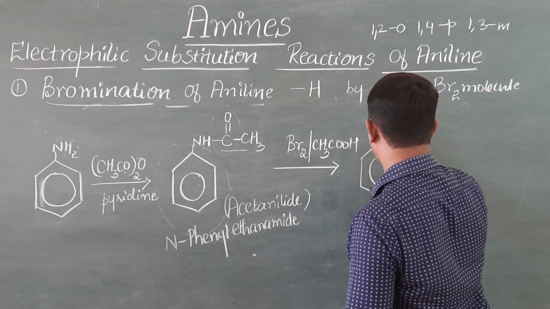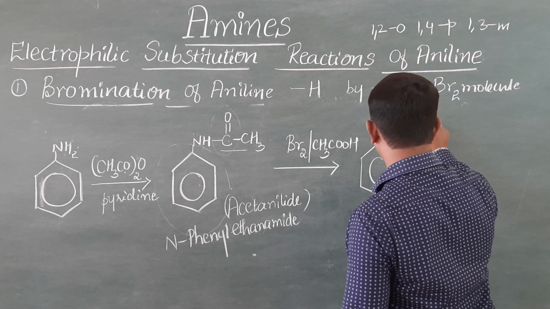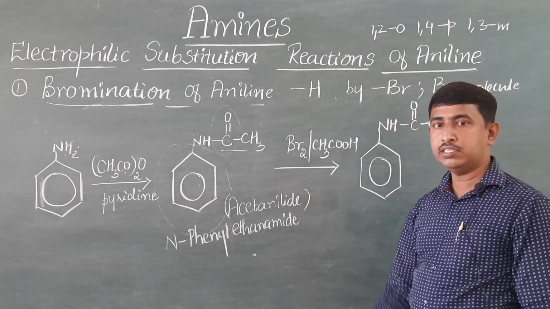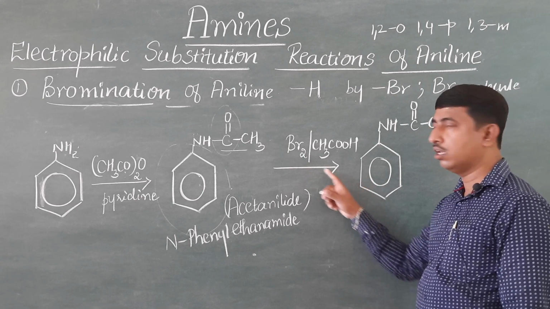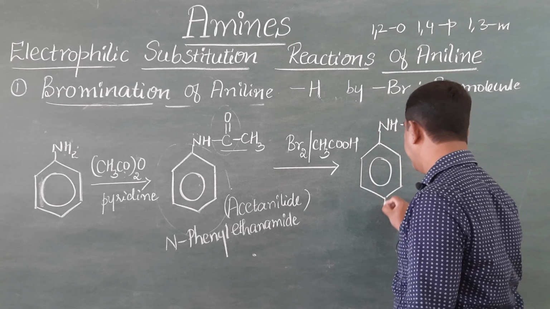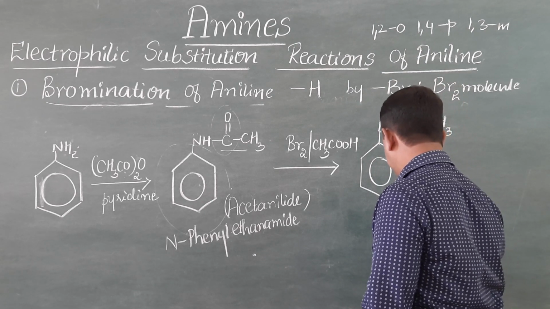This group remains as it is, NH C double bond O CH3. Bromination means replacing hydrogen by bromine. See, the para hydrogen gets replaced by bromine.